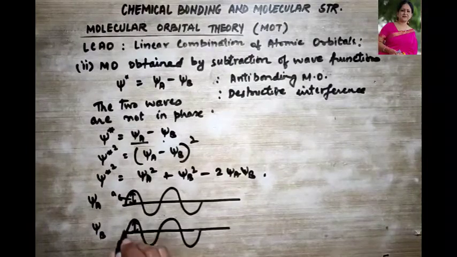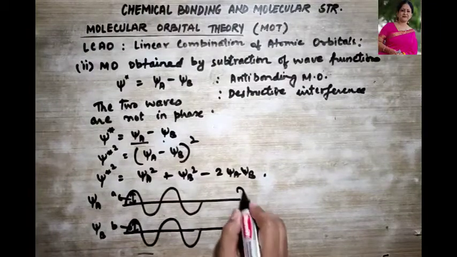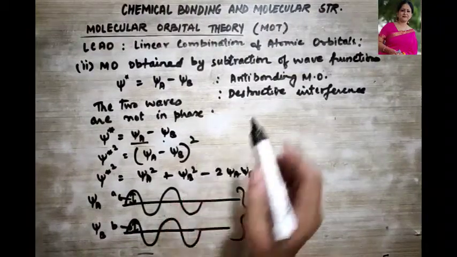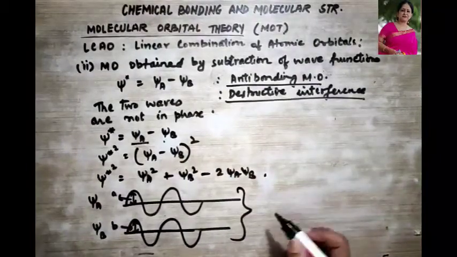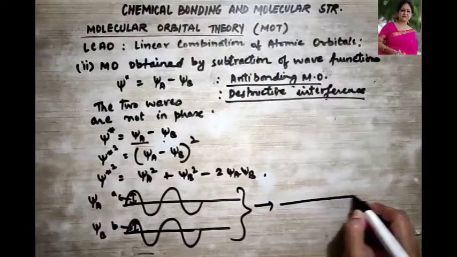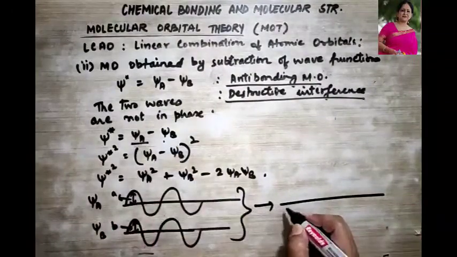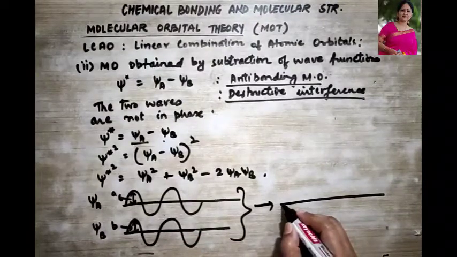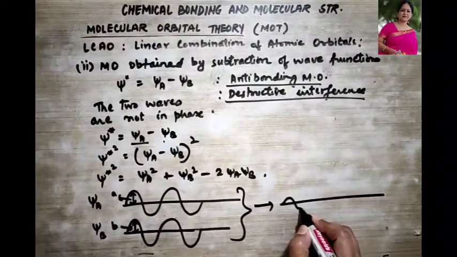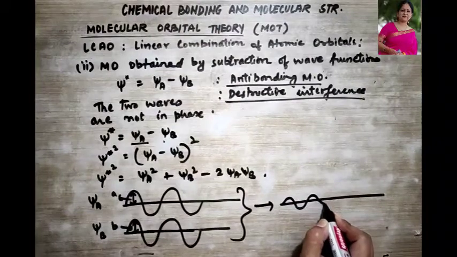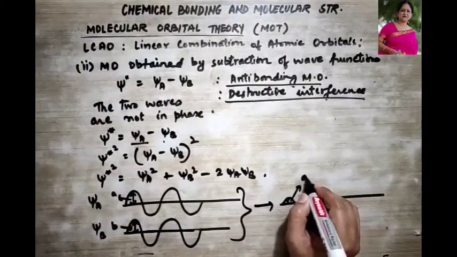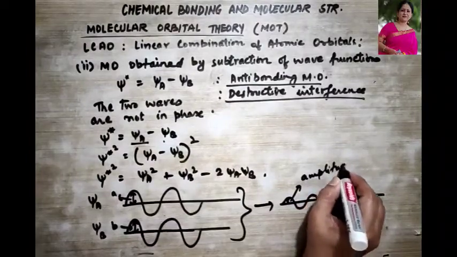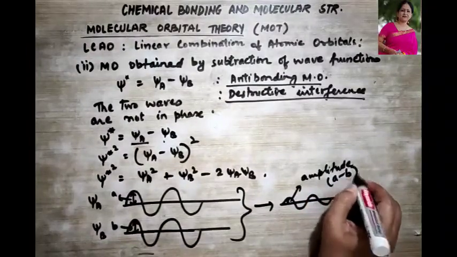So what happens when we see the destructive interference, or the antibonding molecular orbital formation? There is a subtraction. So subtracting the two, how will we form the antibonding waves? This is the amplitude, your amplitude A minus B.